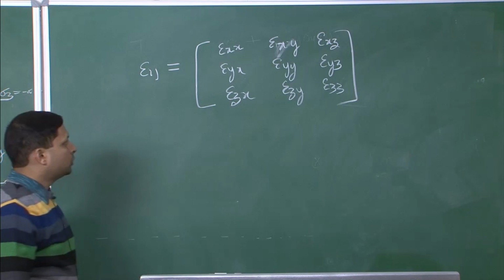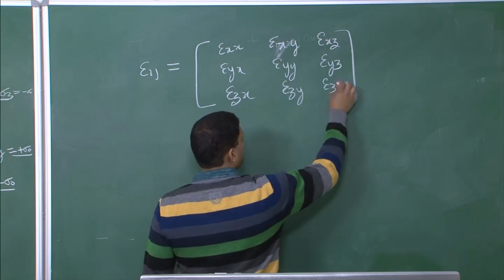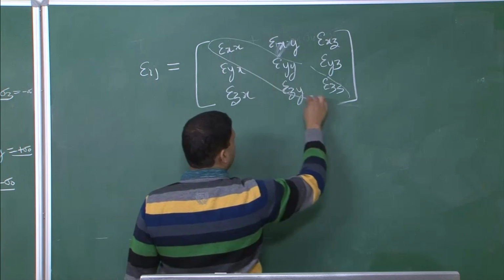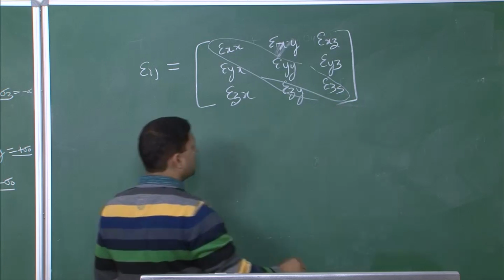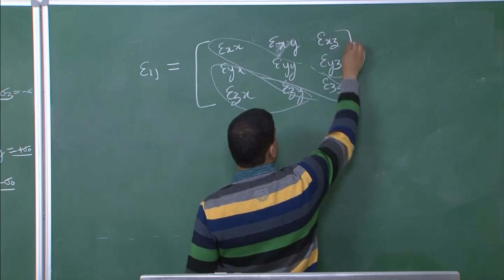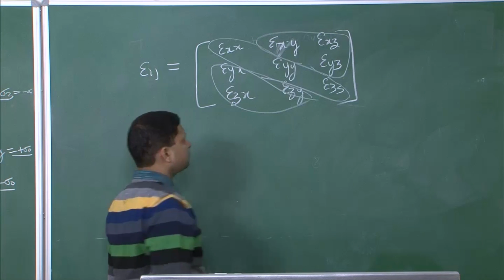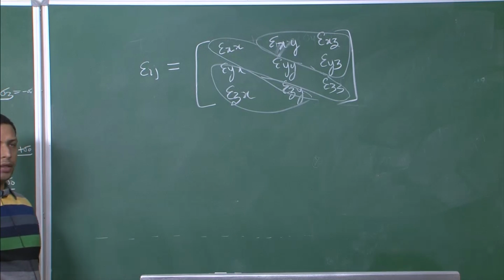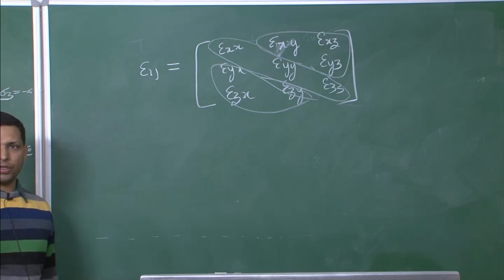So, again we have some components, some normal strains, and some others are shear strains. So, these are our shear strains. Again there is this similarity with the stresses that we discussed earlier.